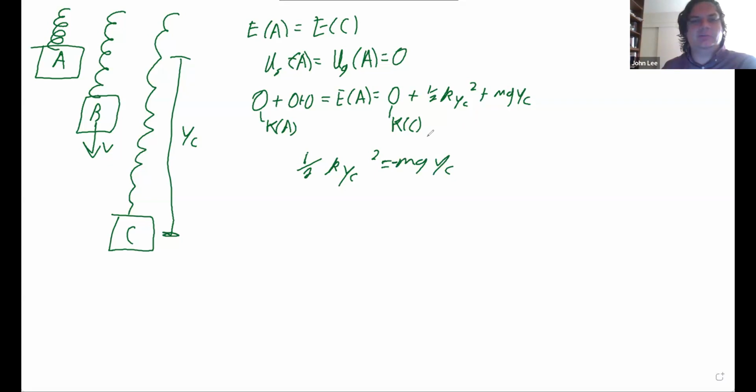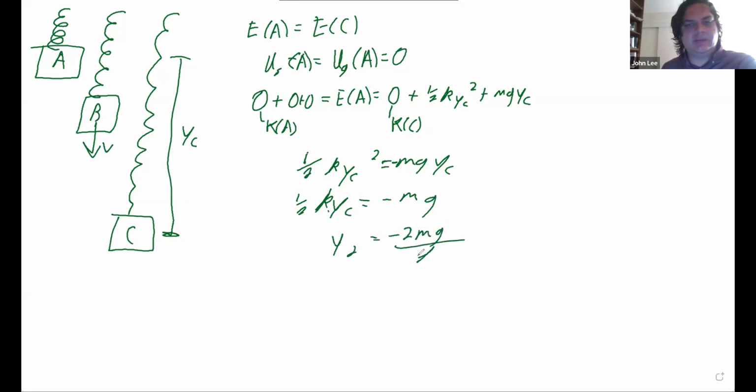I forgot my own rules for a second. So 1/2 K YC equals negative mg. So YC equals negative 2 mg over K.